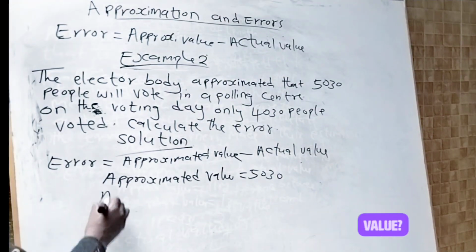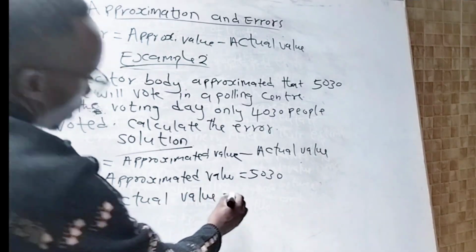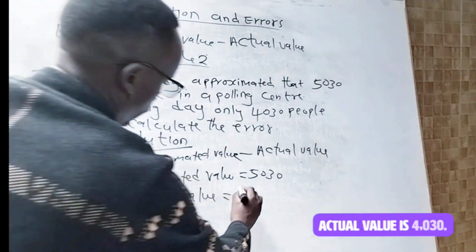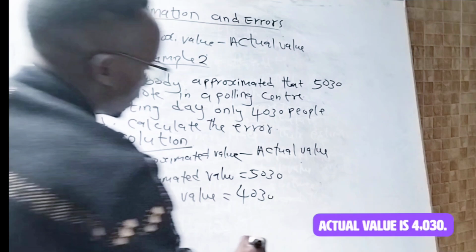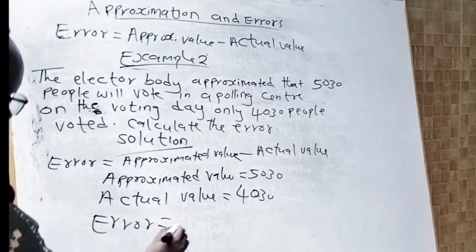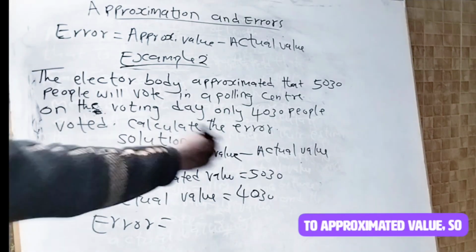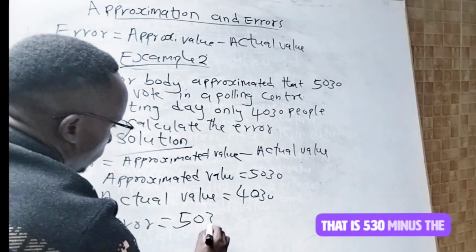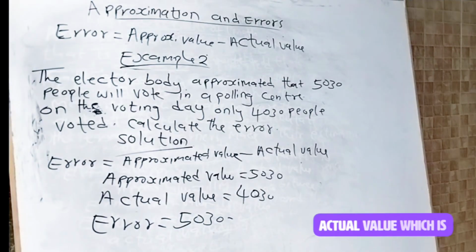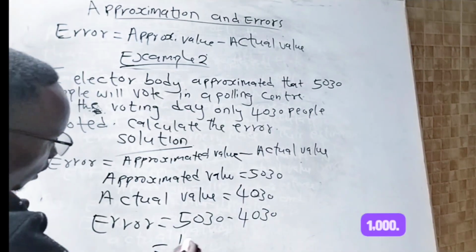What about the actual value? Actual value is 4030. So what is the error? We said error is equal to approximated value, so that is 5030, minus the actual value, which is 4030. The error here will be 1000.